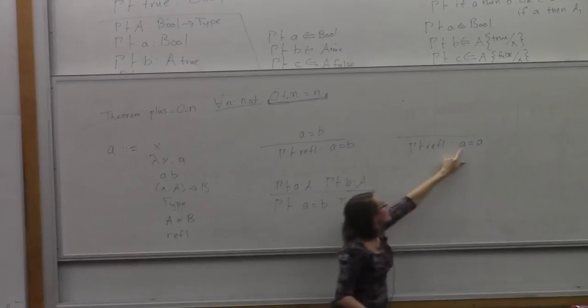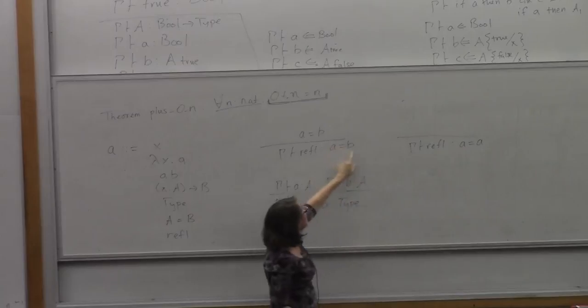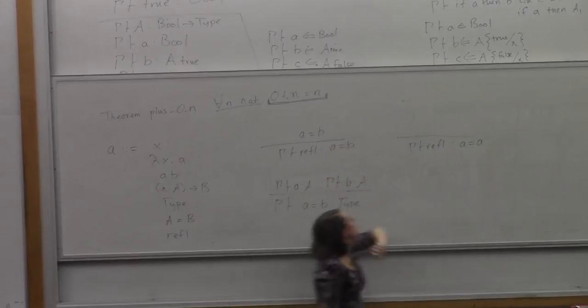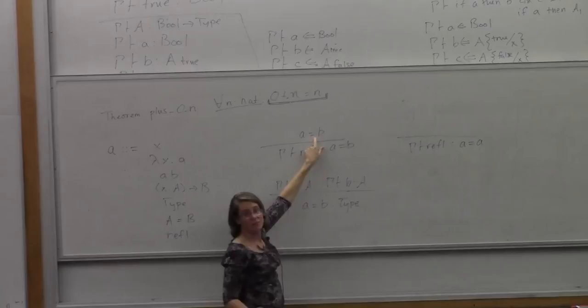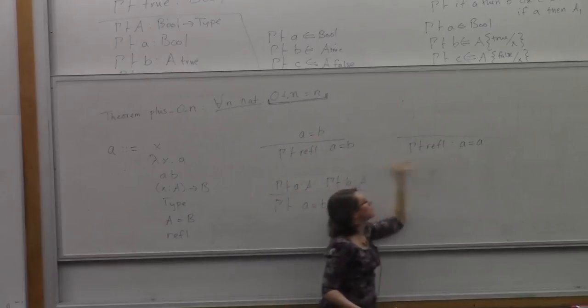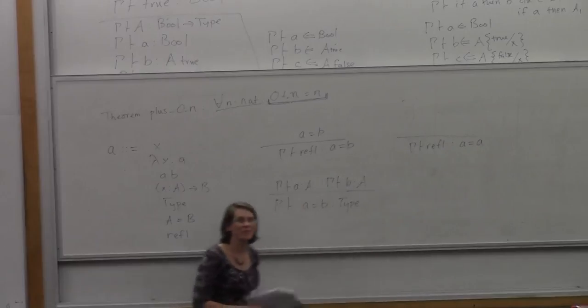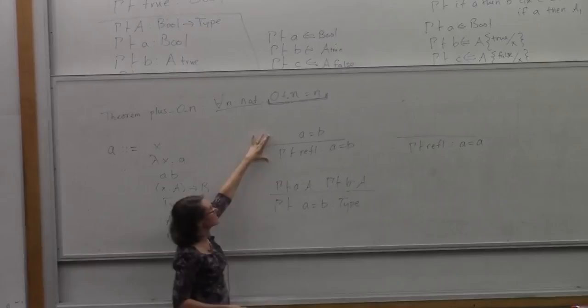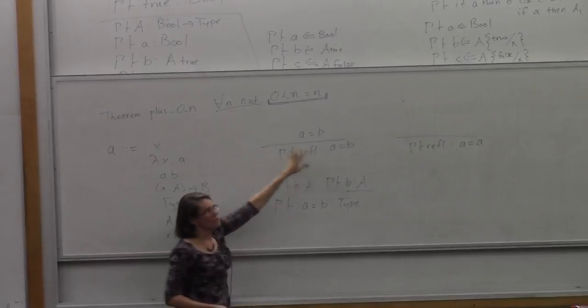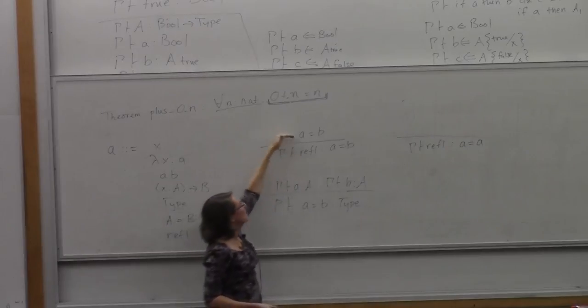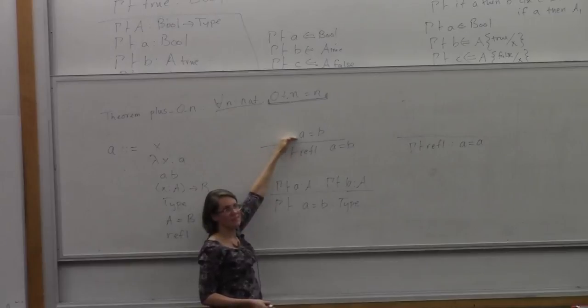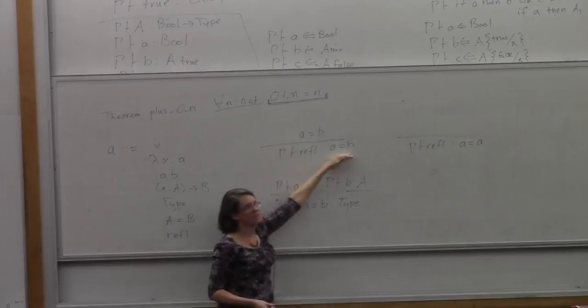So A is equal to A, and then we also know that B is equal to A, but that's the symmetric version of this one. So these are equal ways of stating this rule. But this version of the rule makes it clear what this equality type is doing: it's taking this judgment, this definition of equality, and reflecting it into the type system.